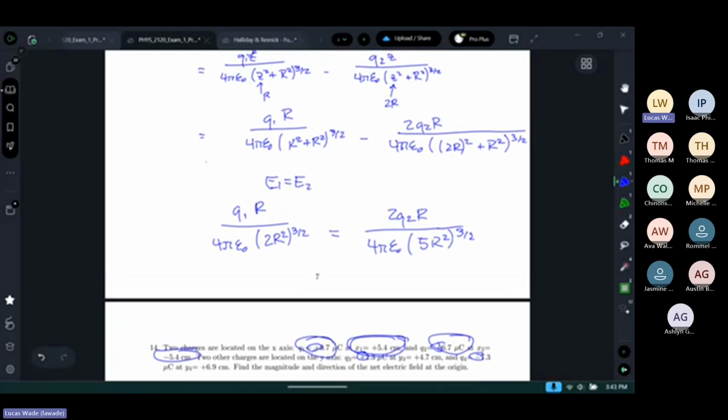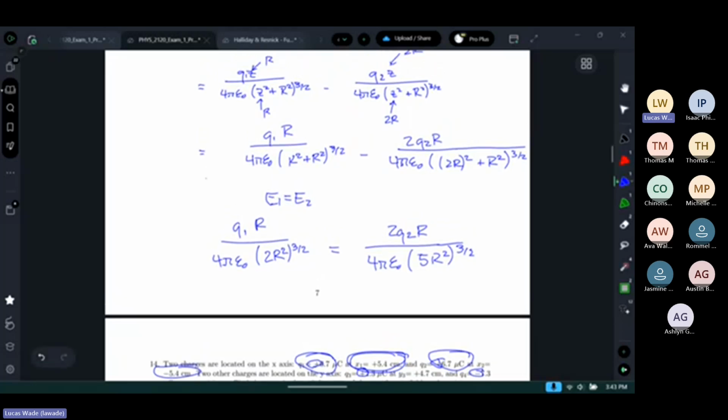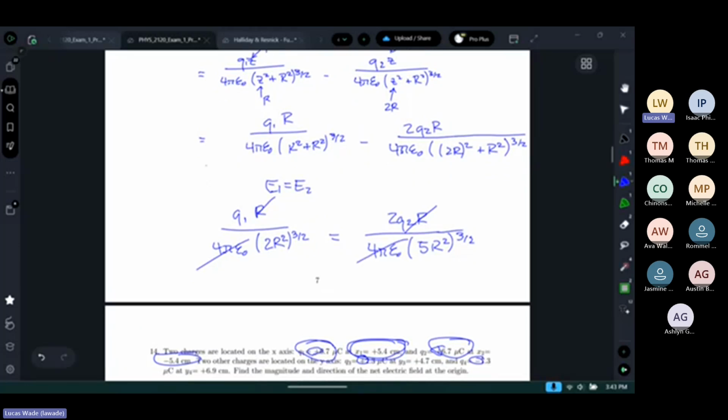And so if I want to get the ratio of Q1 to Q2, I'm just solving for that, basically. R's cancel, 4 pi epsilon 0's cancel. So Q1 over Q2 is whatever's left over.